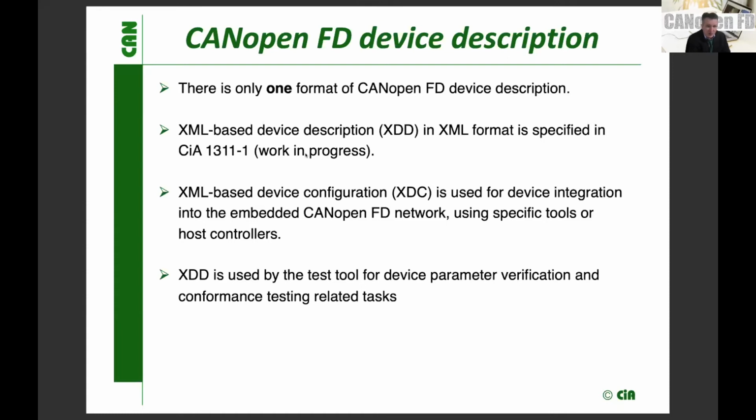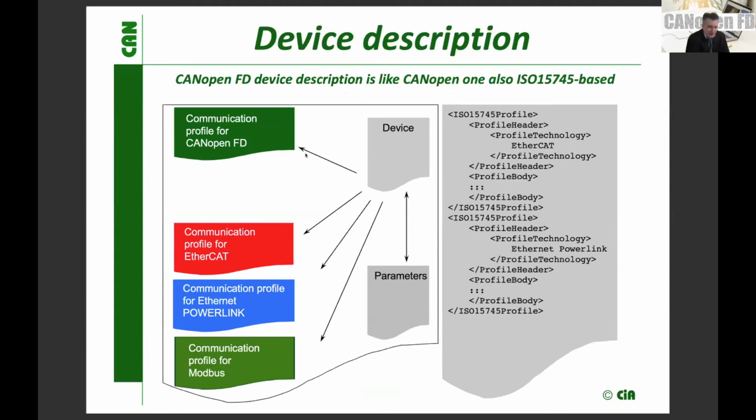We have also specified a format for device configuration, similar to the electronic device description for CANopen and the electronic device configuration format, but now in XML only and for CANopen FD. This is the whole structure of why the standardization came up. CANopen FD itself is not part of the standard yet, but we designed a specification based on the standard ISO 15745.